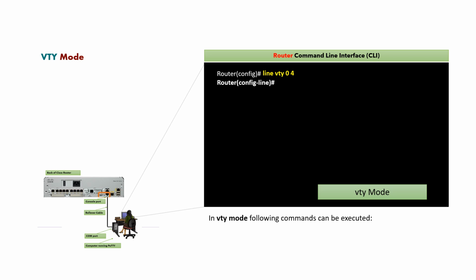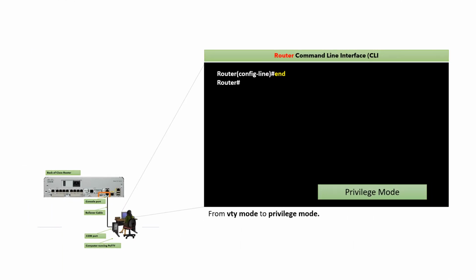Some of the most commonly used ones are the following: password, login, exit, no, access-class, transport. To go back from the virtual terminal mode all the way to the privilege mode, type end, press enter. End will take you back from any mode that you're in to privilege mode of the router.